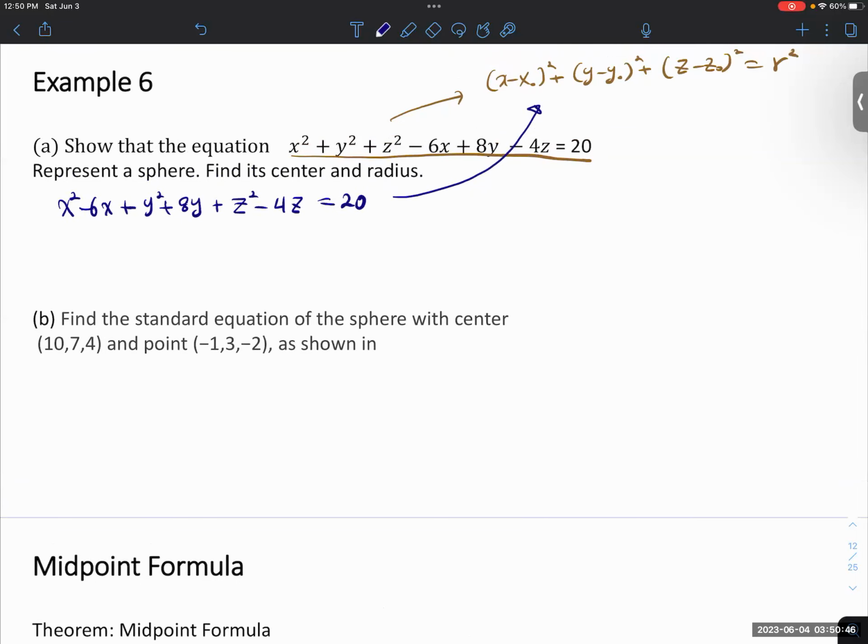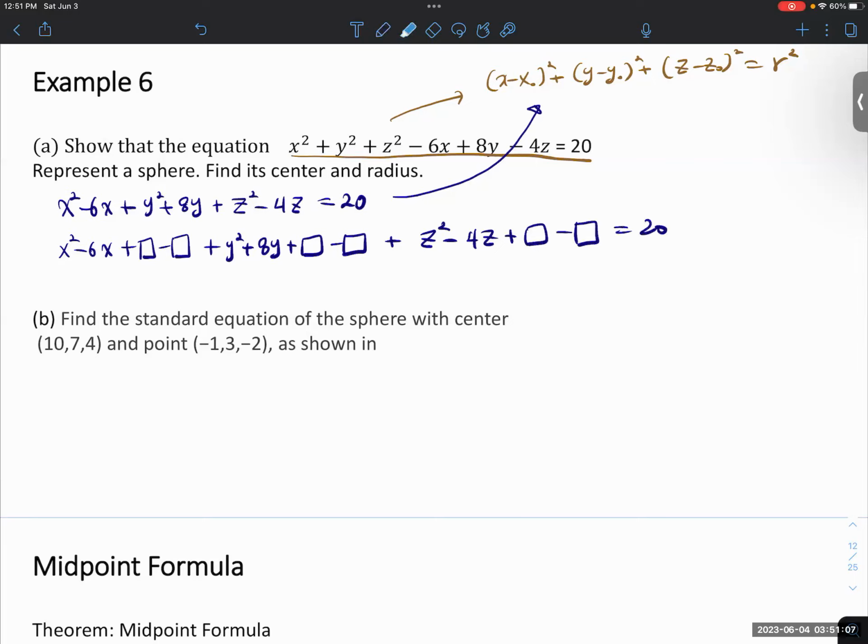I'm going to write x squared minus 6x. You're going to add some number and subtract the same number. It does not change anything because it's a zero balance. Y squared plus 8y, you're going to do the same thing with the y. Z squared minus 4z, do the same thing, plus and minus some number.